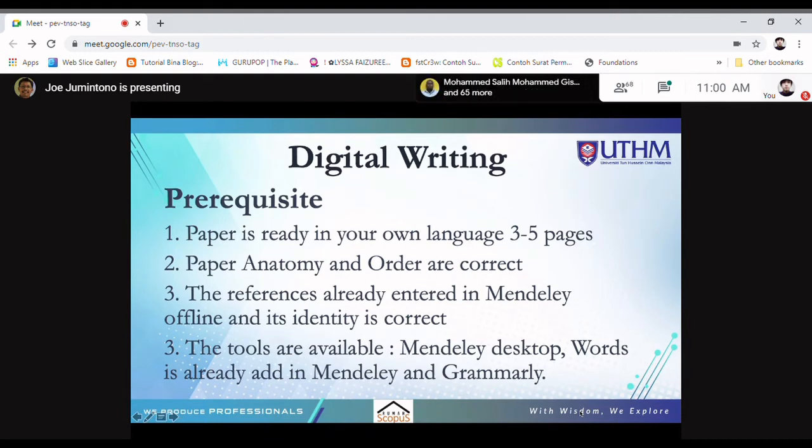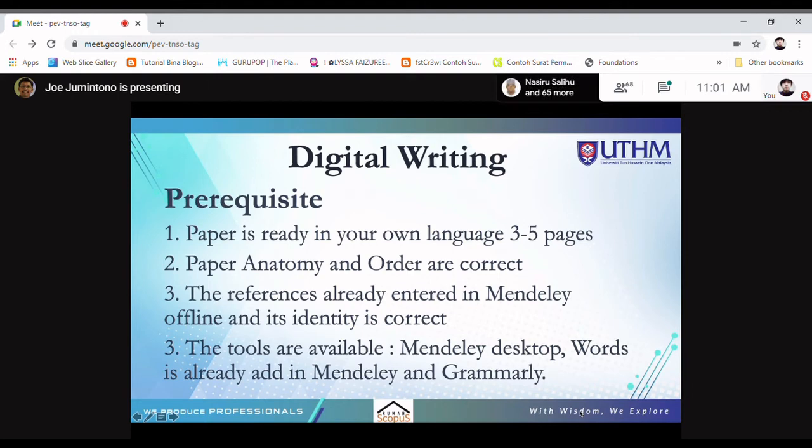Yeah, you can imagine, first, if we can compose 3 until 5 pages in our own language, and then we continue to translate.